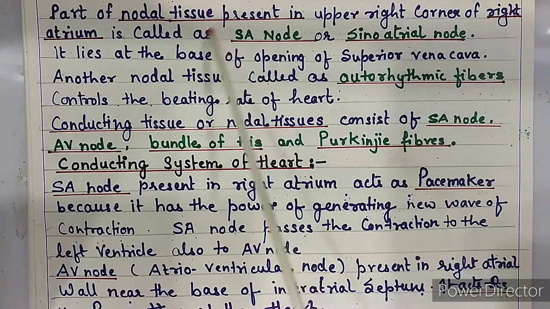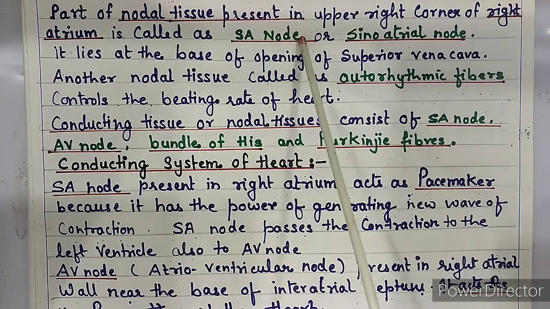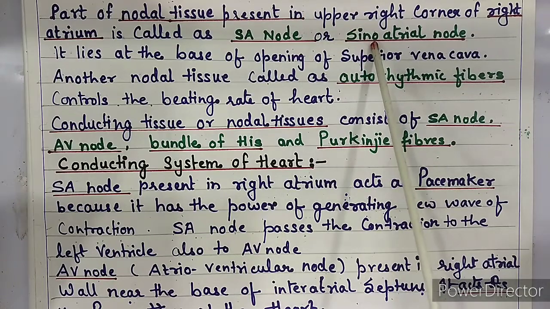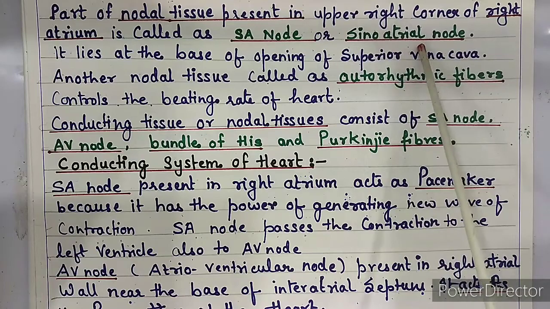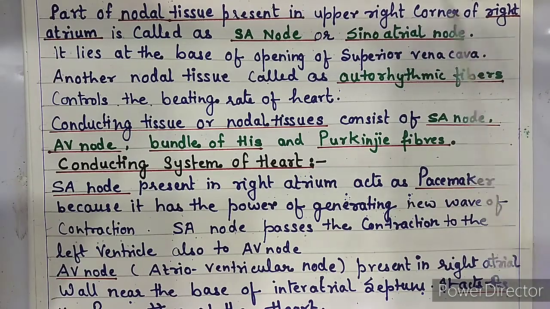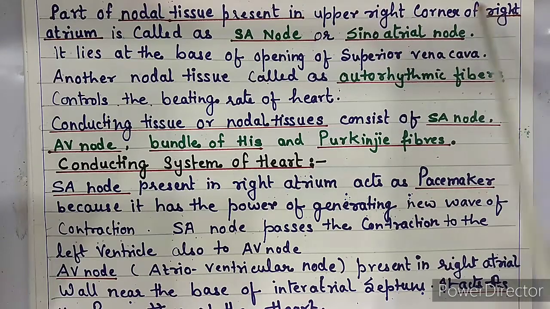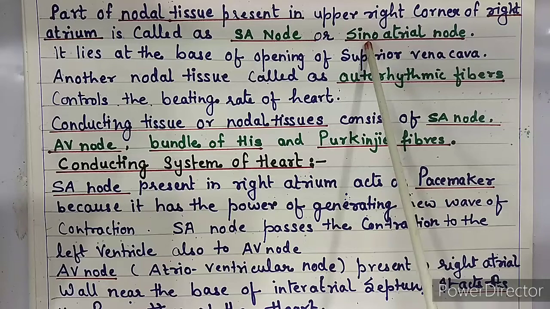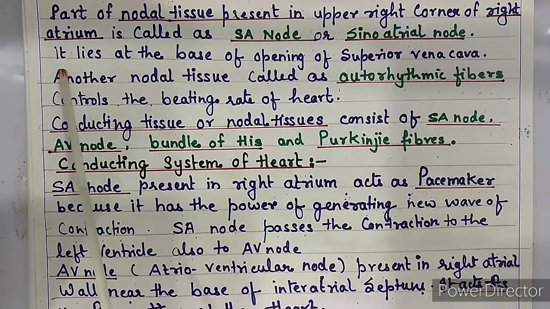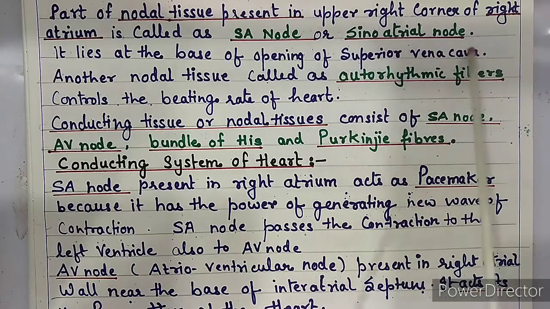Part of the nodal tissue present in the upper right corner of the right atrium, children, is called SA node or sinoatrial node, also called sinoauricular node. It lies at the base of the opening of the superior vena cava.